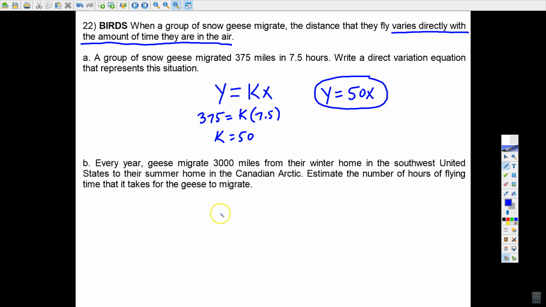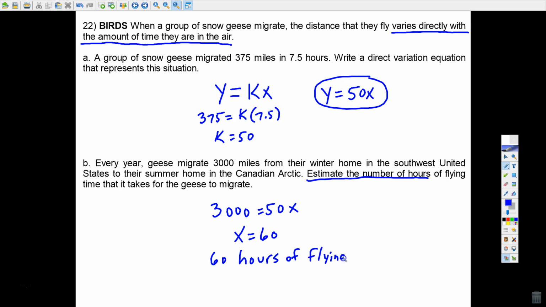Miles in this case will be Y. So we'll replace Y with 3,000. We know what K is, and we're basically solving for X. So we take 3,000 and we divide by 50. And we get 60. So it's the number of hours of flying, so we would put that in context, 60 hours of flying time.